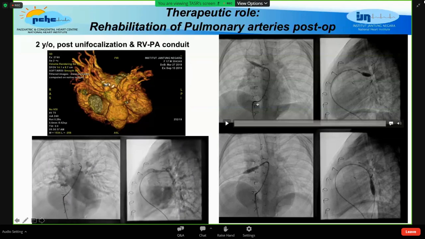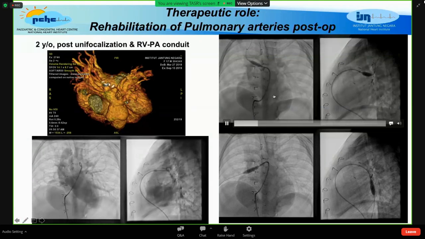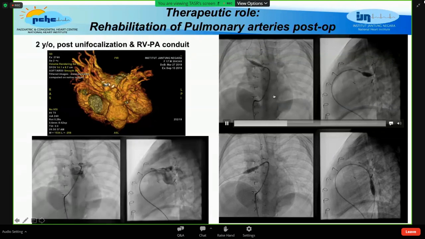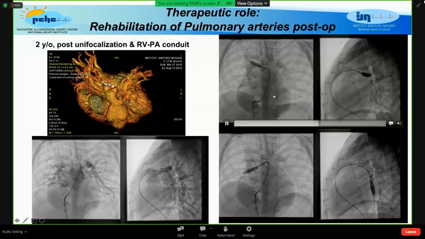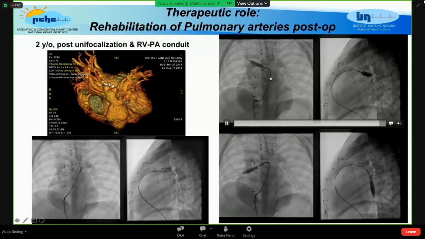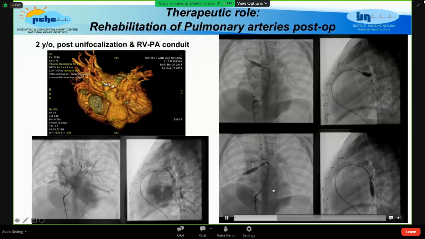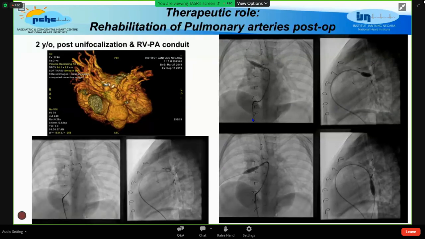If you embark on a unifocalization program, you need to be prepared that this kind of pulmonary artery has to be rehabilitated, and multiple interventions are required. This is balloon angioplasty of the right upper lobe branch. This is angioplasty of the left lower lobe branch.